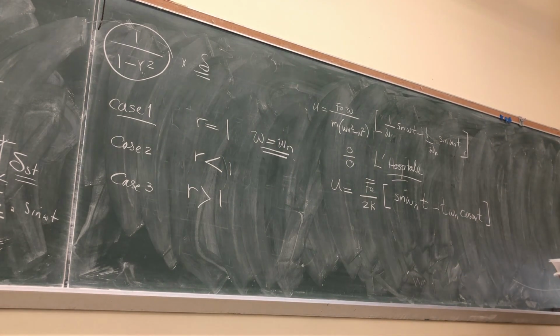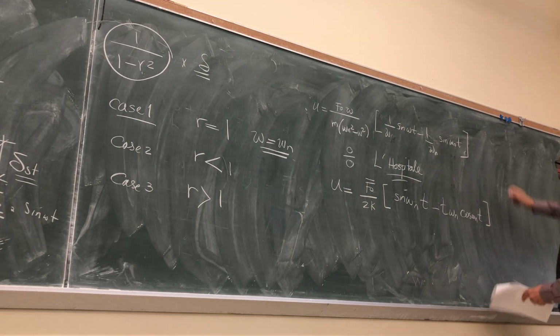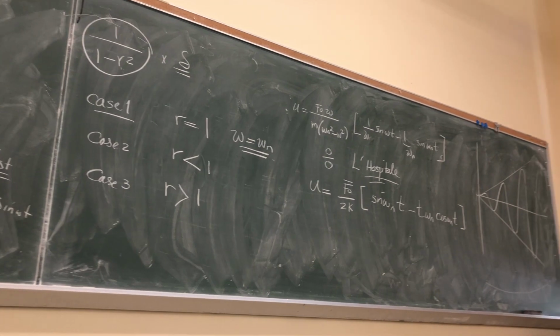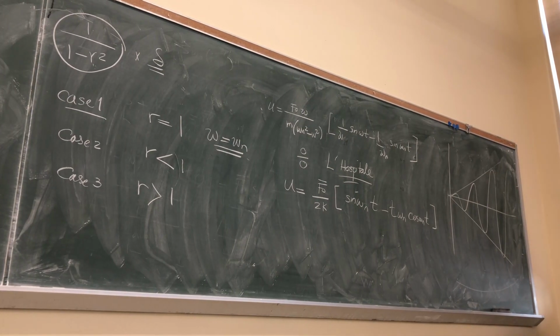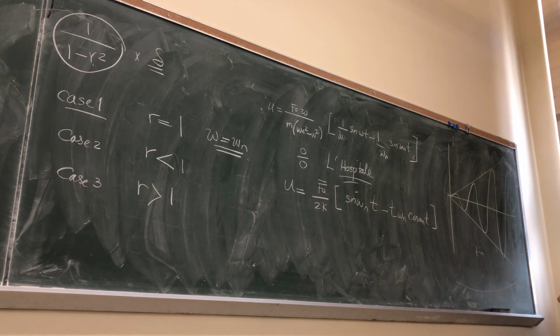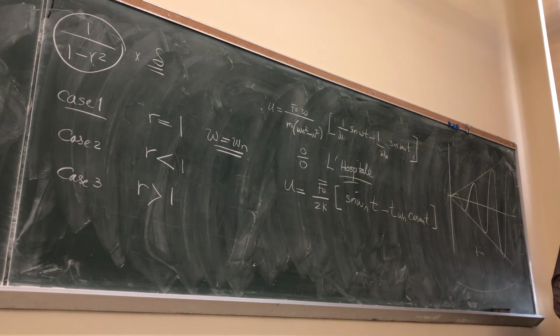If you plot that function, you will see it looks like this. You will see that the amplitude of this response grows linearly as time goes on, and in fact reaches infinity.